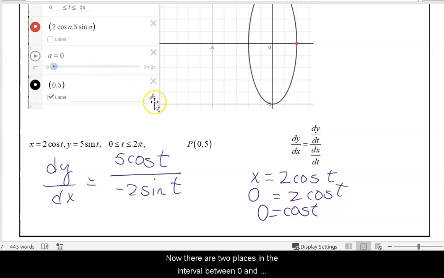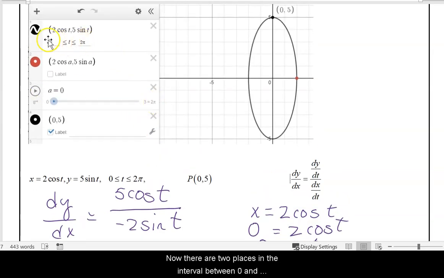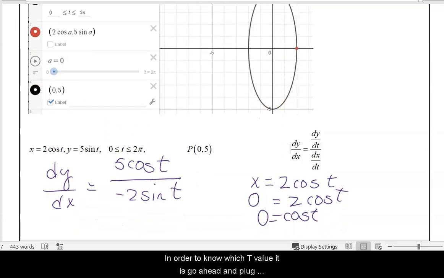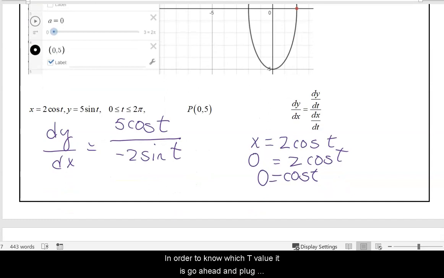Now there are 2 places in the interval between 0 and 2 pi where the cosine of t is 0, at pi over 2 and 3 pi over 2. In order to know which t value it is, go ahead and plug it into the y equation. The y equation is 5 sine of t. I know, however, from my point that the y value is 5.